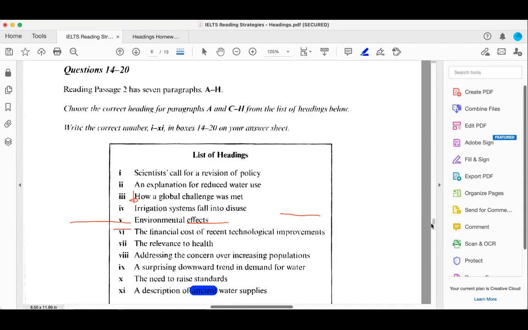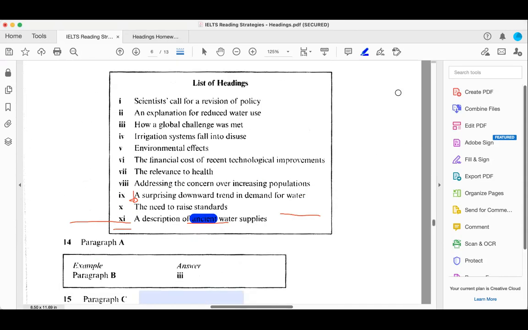All right, so I go here. Suffer. Scientist, yes or no? No. Reduced water? No. Global challenge? No, we don't need global challenge because it's the example. Irrigation system? No. What is the sentence telling you another time?